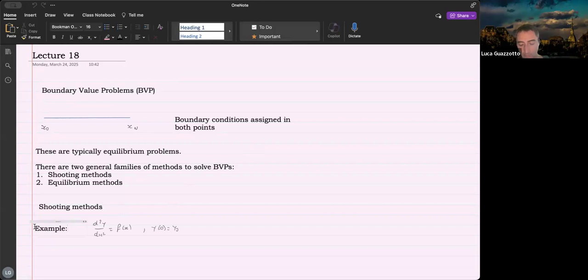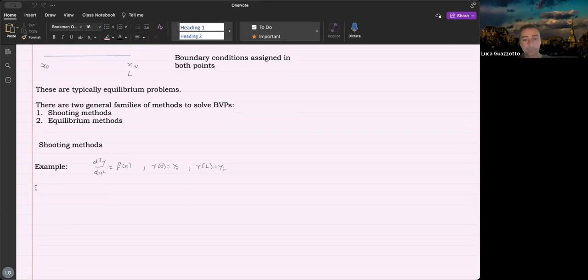Y of some other value, let me call it L, is equal to y sub L. What I'm going to do is try y of 0 equal to y0, y prime of 0 equal to some value, let me call it a.